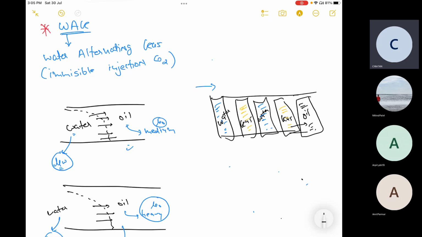After that, it can improve the mobility ratio in such a way that the gas we are injecting will reduce the viscosity of this oil with partial miscibility.